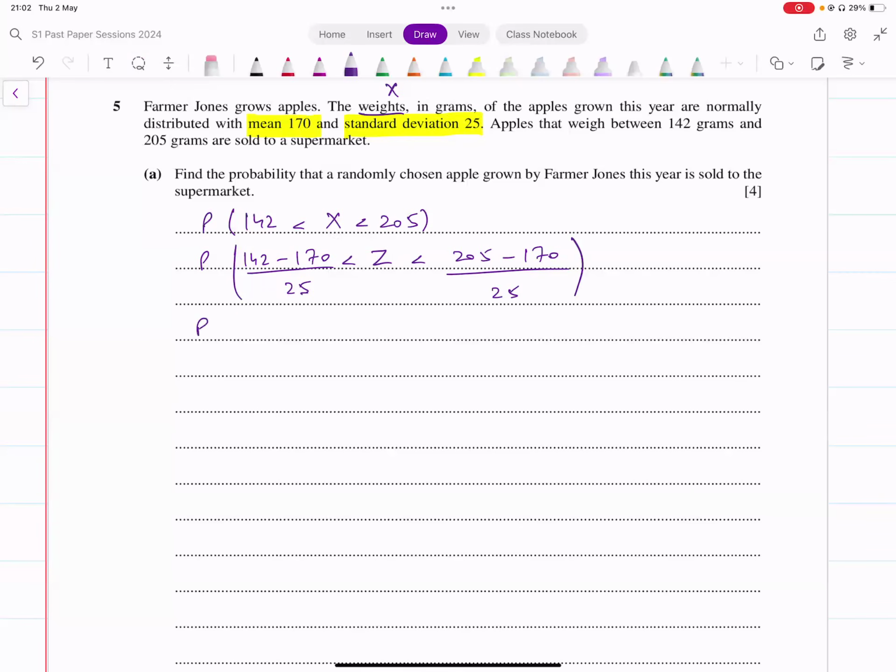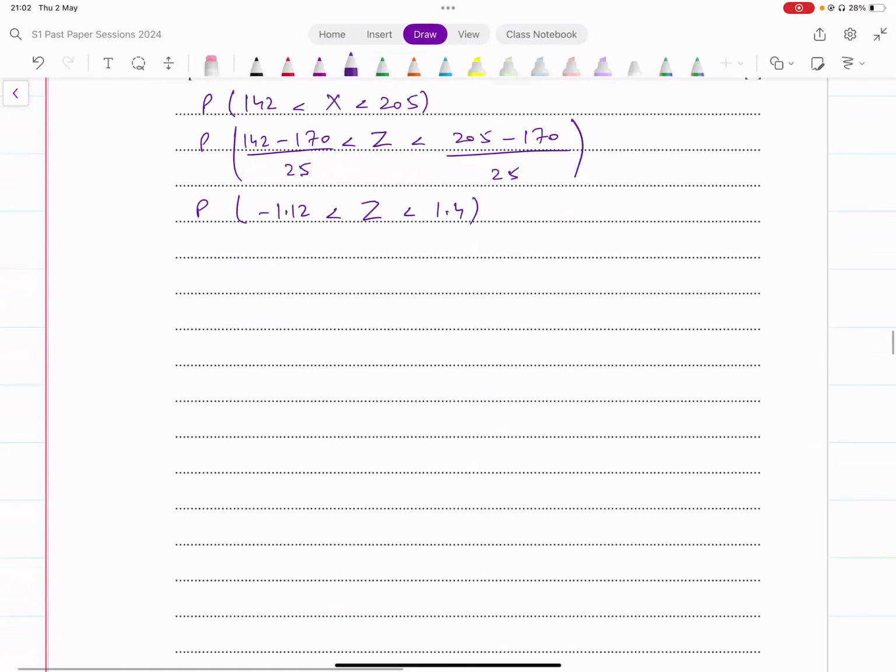What do we get for Z here? We get Z between minus 28 divided by 25, and that's minus 1.12, and 35 divided by 25, that is 1.4. So Z is between these two values. We have to find this probability.